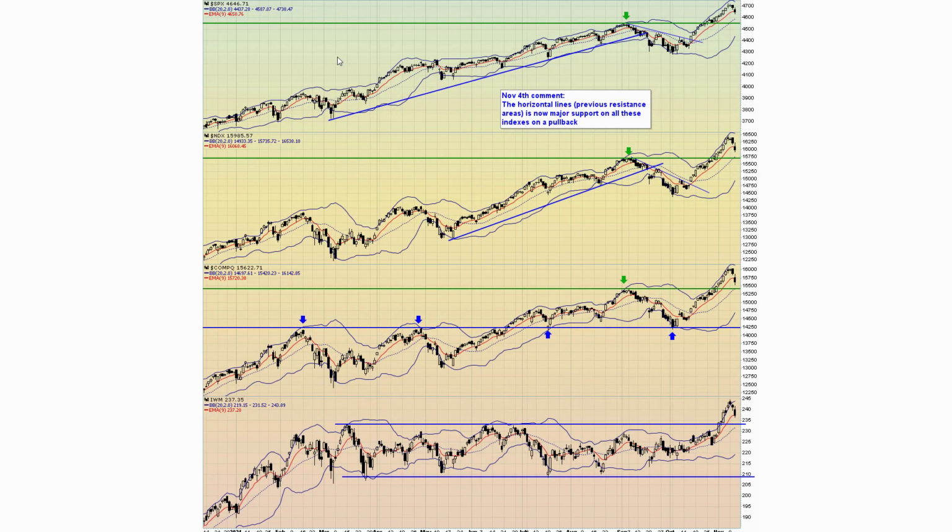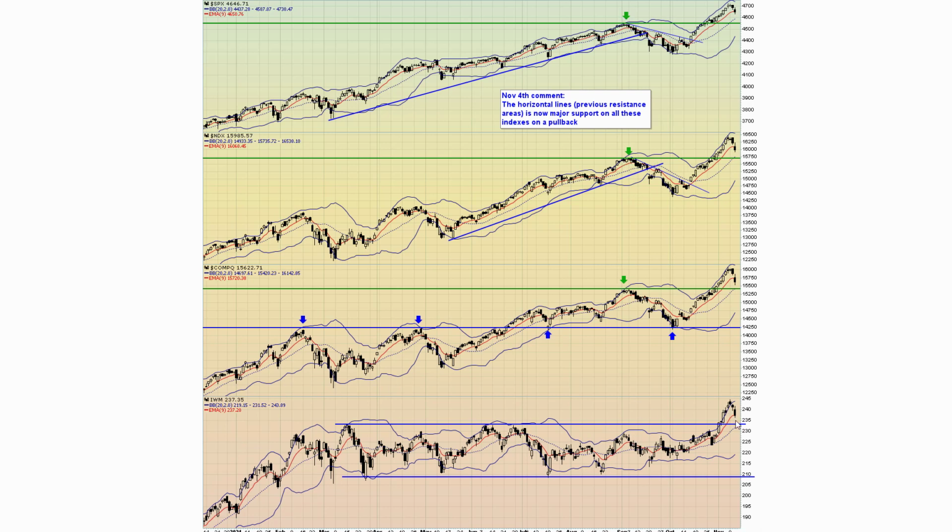Looking at the other major indexes, the S&P, NASDAQ, Russell, we've all had nice two-day pullbacks. But like I said, I wasn't looking for a major correction. Remember technical analysis: previous resistance, which you see back here, becomes support. The early September highs are now major support.